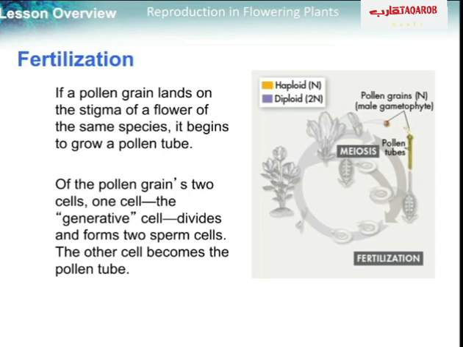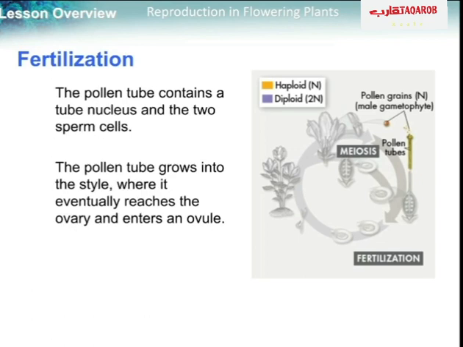Of the pollen grain's two cells, the generative cell divides and forms two sperm cells. The other cell becomes the pollen tube. So the first part, the pollen undergoes mitotic cell division to form two cells. One of them will be the pollen tube and the other is the pollen.